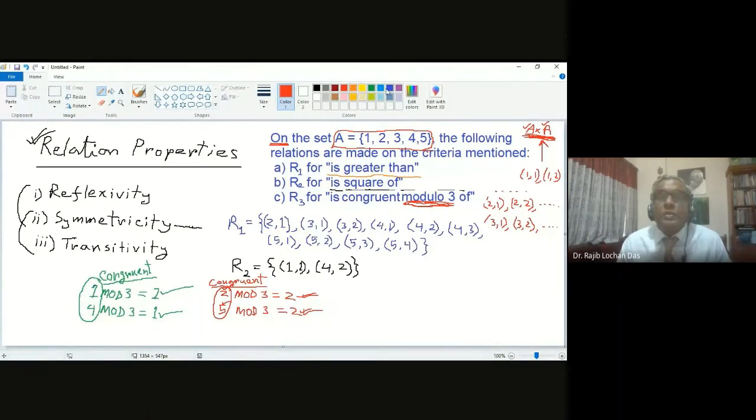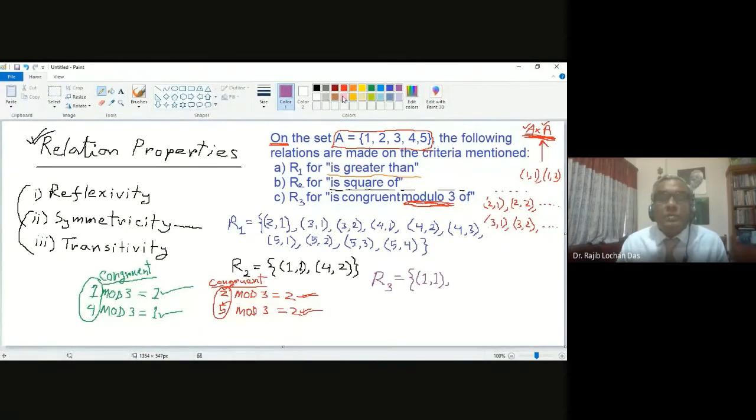If it is okay with your idea, then you can think what could be the elements in R3. Now you tell me, what are the elements in R3? Can you take 1, 1? Yes. Why yes?